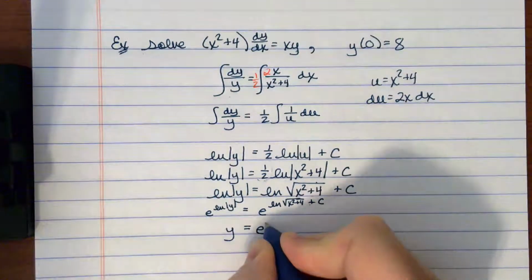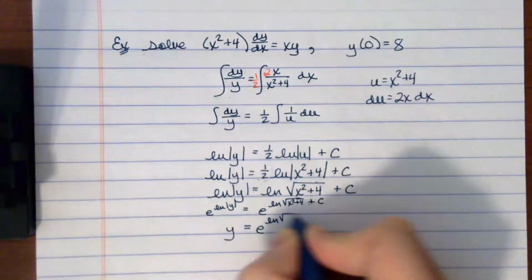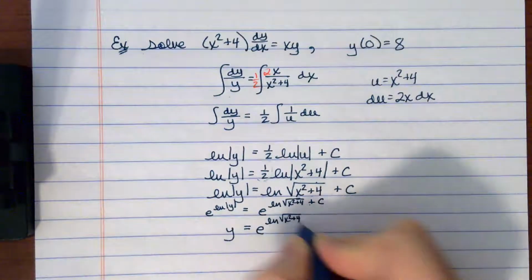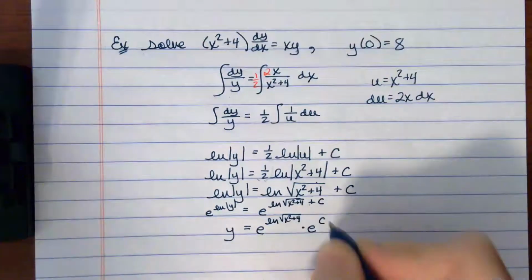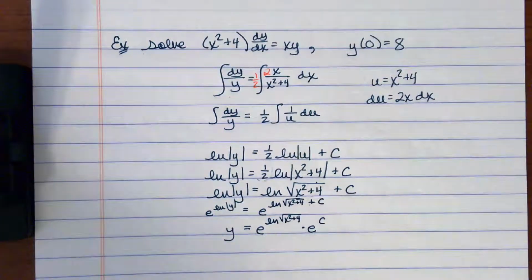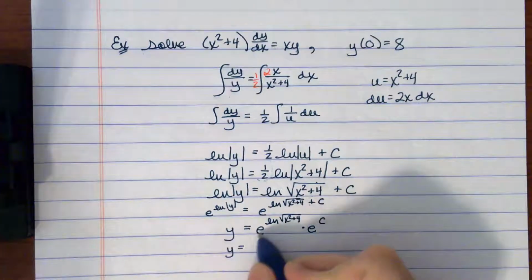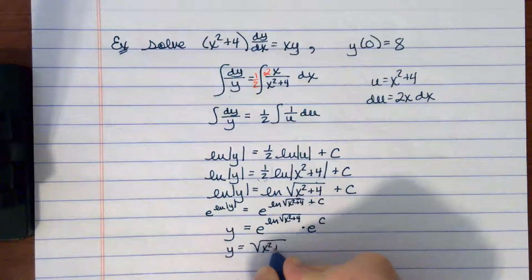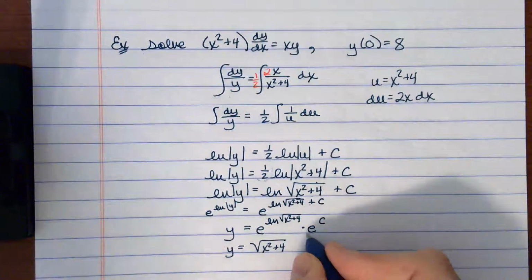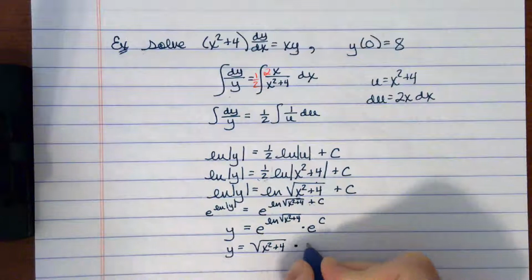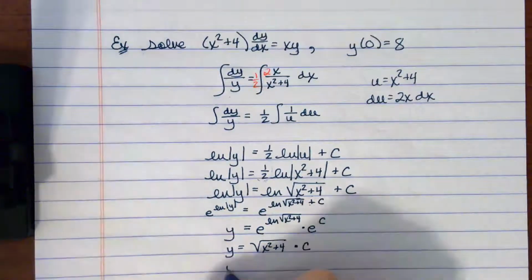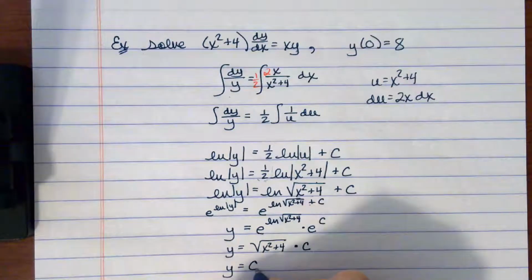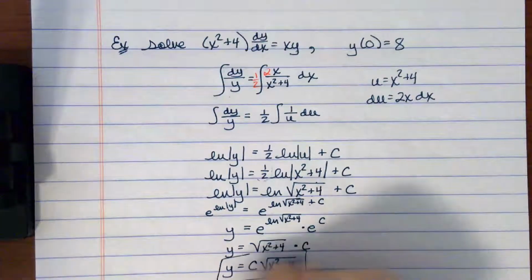I'm going to say this is e to the natural log of the square root of x squared plus 4 times e to a constant. Well, this becomes y equals, now I can make the e and my natural log cancel, getting the square root of x squared plus 4. E raised to a constant, still just a constant, different constant, but still just a constant. So my general solution to this differential equation is y equals c times the square root of x squared plus 4.